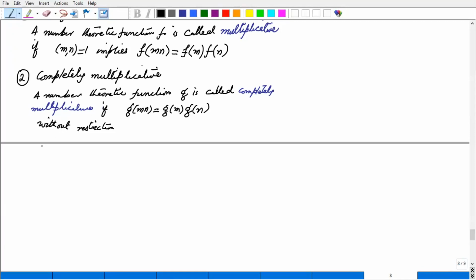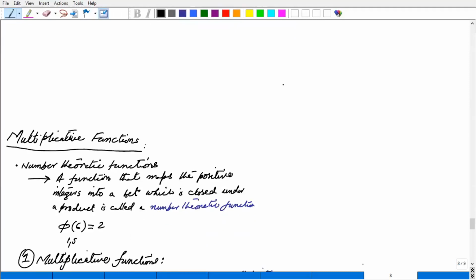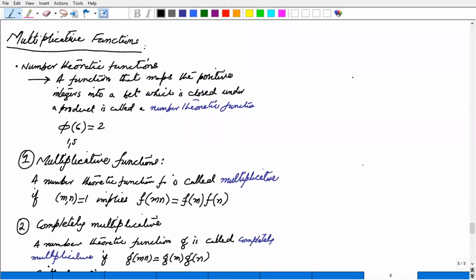Let me give an example for multiplicative functions. For example, f of n equals 1. Okay. So that's the definition.